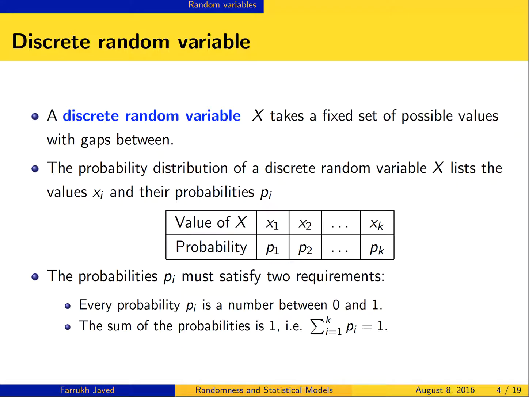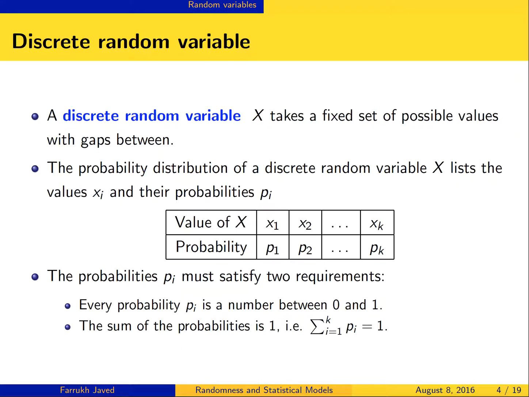A probability distribution of a discrete random variable x lists the values of x and also their probabilities. So we say x1, x2 up to xk are the values of the random variable, and each of those values has some probability, which we denote by p1, p2 up to pk.